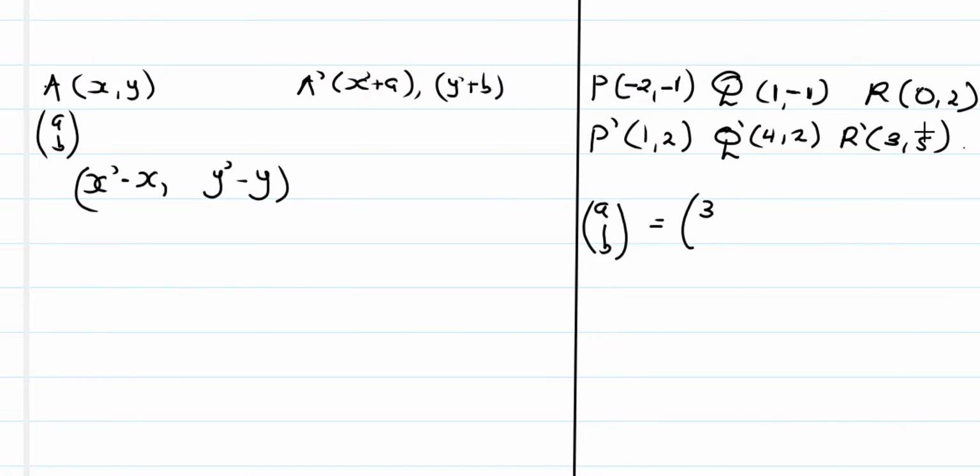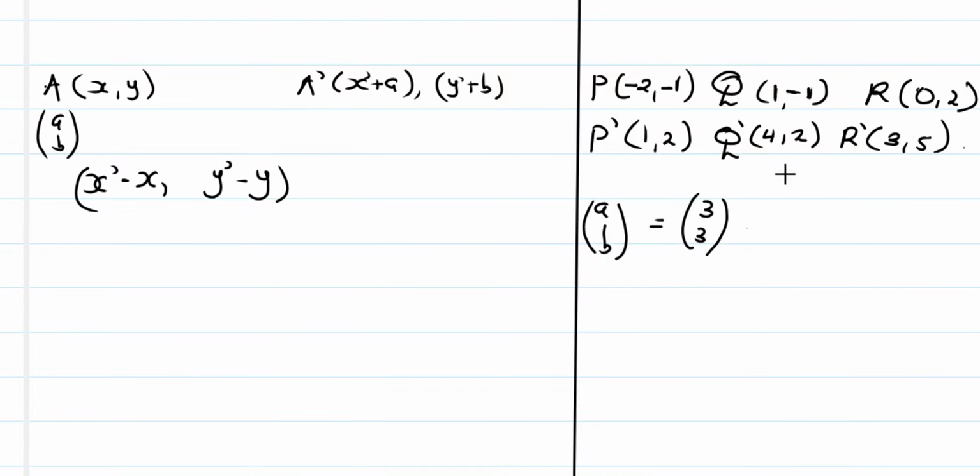And for B, I take the translated Y, which is 5, minus the original Y, which is 2. So 5 minus 2 is 3. That is the translation vector. But just to confirm, we can repeat the same process for Q and for P, and it should give us the same translation vector.